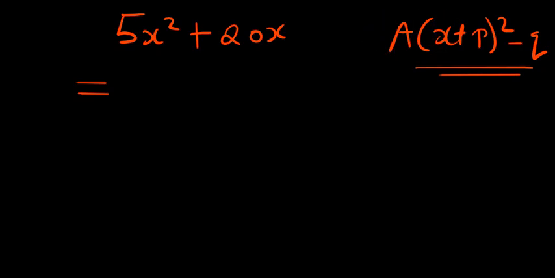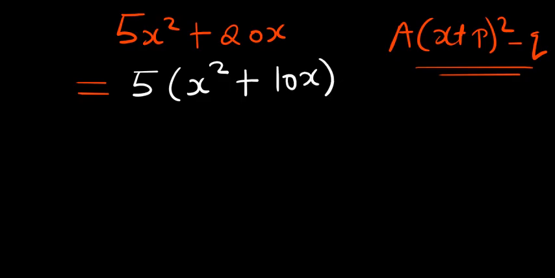So I'm going to factorize out the 5. So 5, then x squared plus 20 divided by 5, that is 4, then x. Now that x is independent, we can solve.